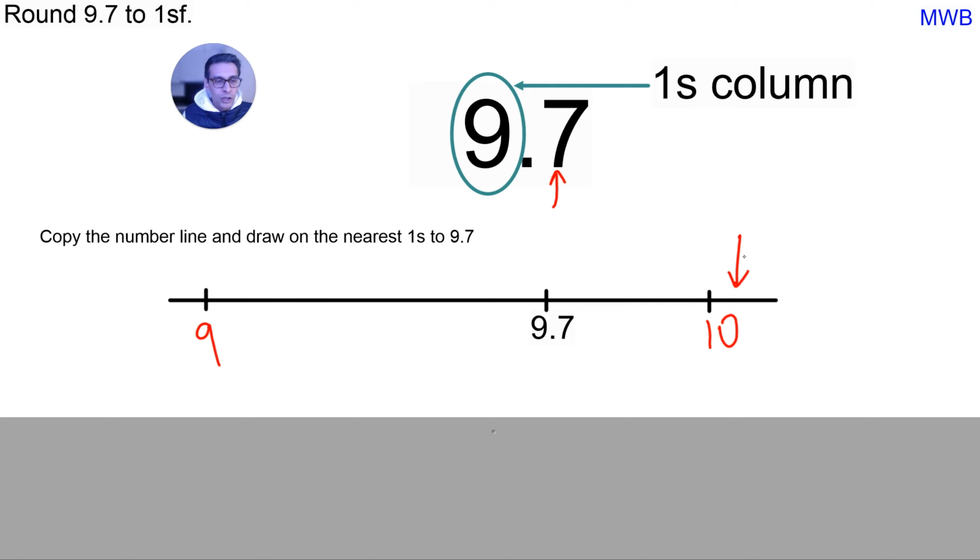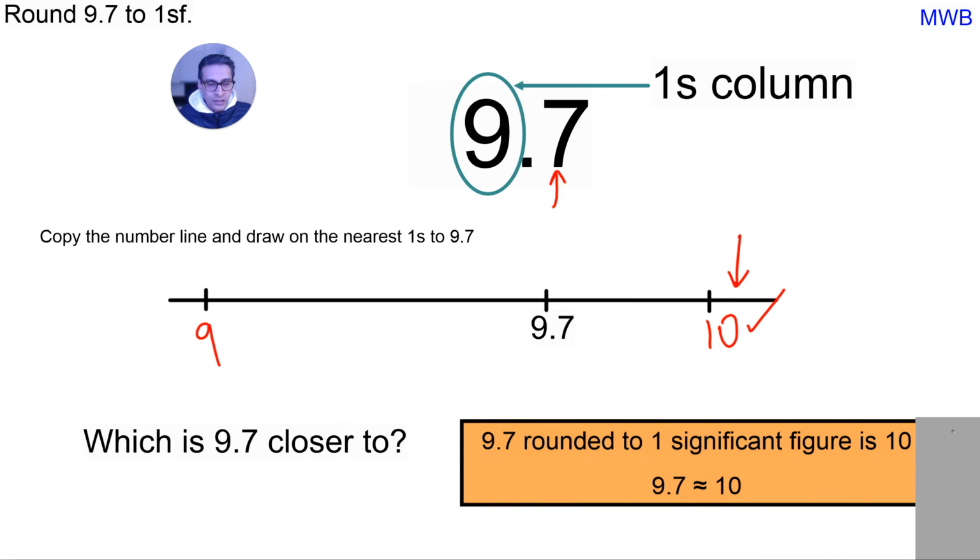And again, that 0 is really important. Obviously, it doesn't become 1, it's 10. So we want to make sure we have that 10 there. So we're not going to say 9.7 is equal to 10. Instead, we have to use correct notation. We're going to use approximates to 10 if we round it to one significant figure.